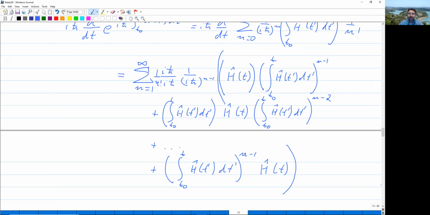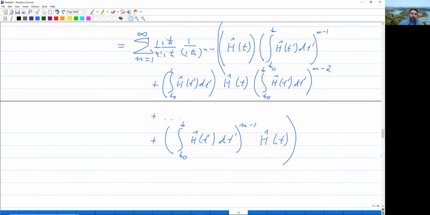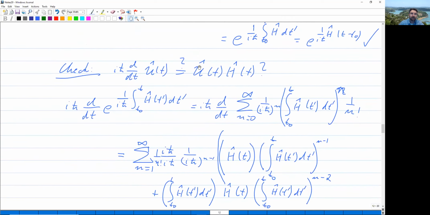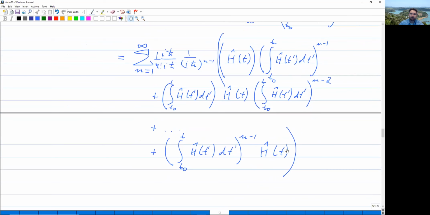And this factor n cancels one of those n's in this n factorial here, so that we get 1 over n minus 1 factorial, 1 over IH bar n minus 1, and we get this thing to the power n minus 1 and the h hat. In this case we would have what we should have, namely the u hat of t times the h hat to the right.